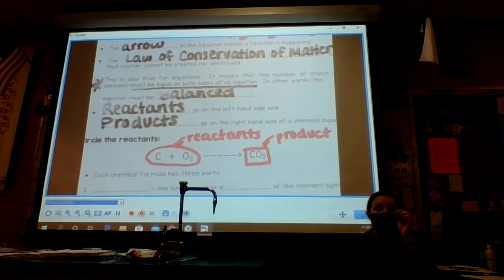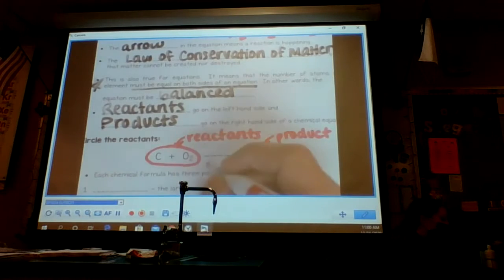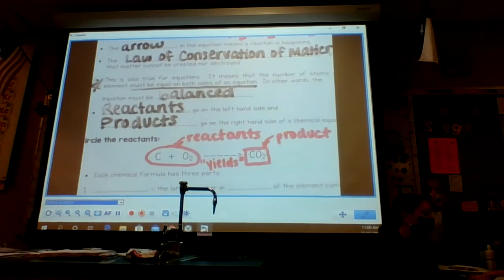So we're going to write yields underneath that arrow, Y-I-E-L-D-S with quotes around it, because sometimes it's called yields. If you hear the word yield, you know that it's the arrow in the equation. That's just another vocab word for you to know.